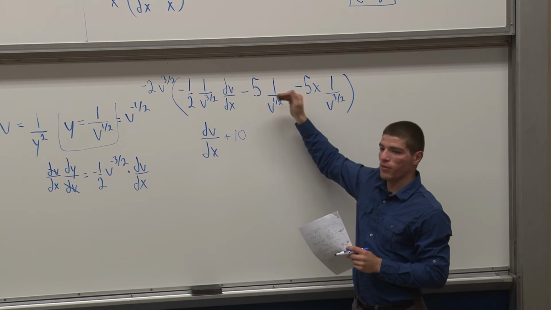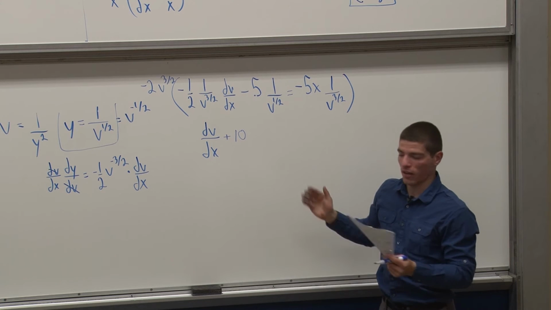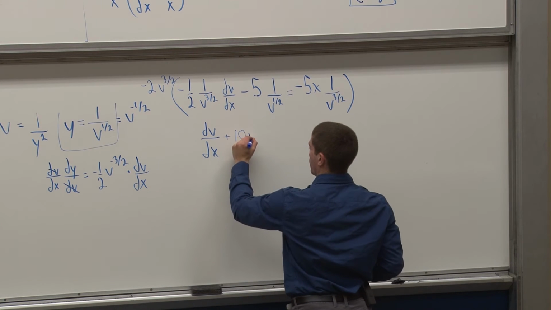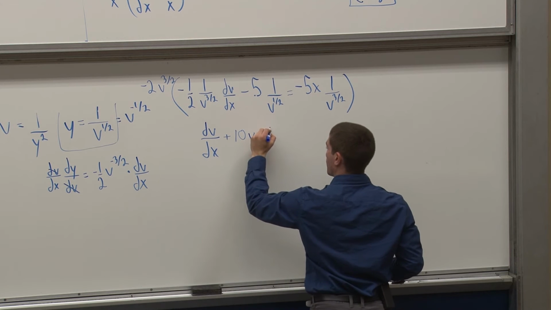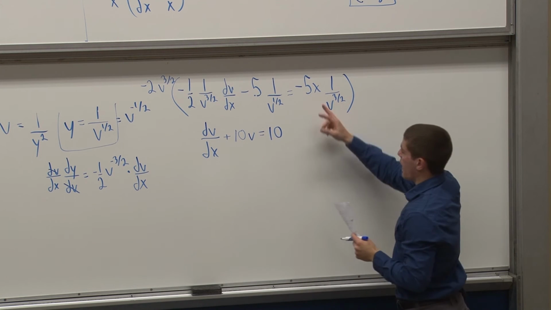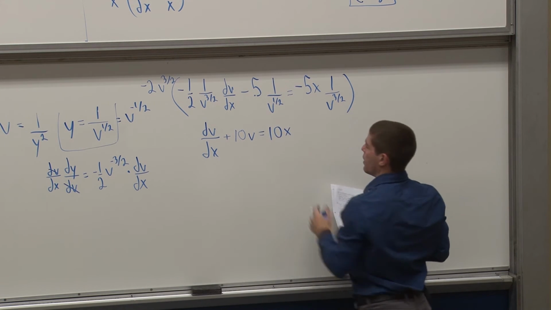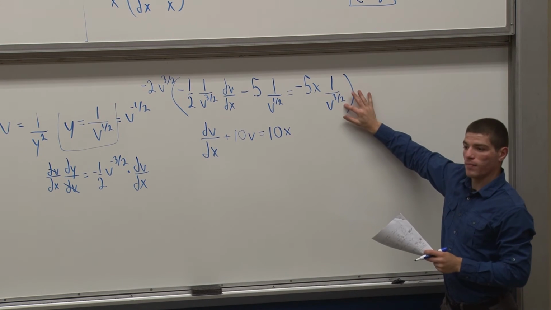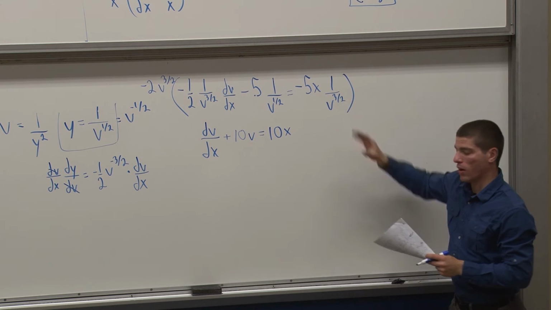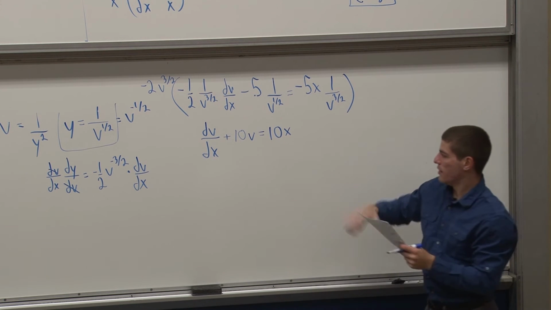So v to the 3 over 2 and v to the 1/2 cancel out to just be v. So 10v equals negative 2 times negative 5, positive 10. X is going to stay the same. And you have v to the 3 over 2 on the bottom, multiply that through, you're just going to end up with 1. So that's it. Now that looks nice, right?